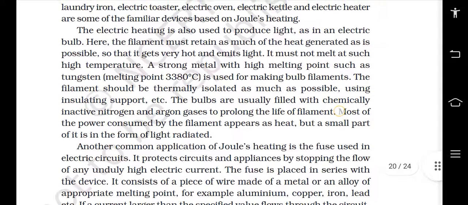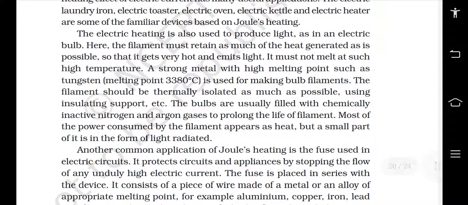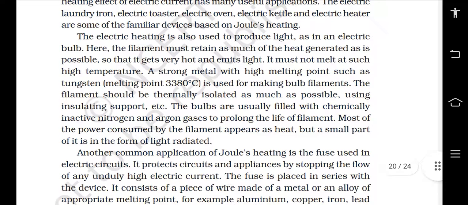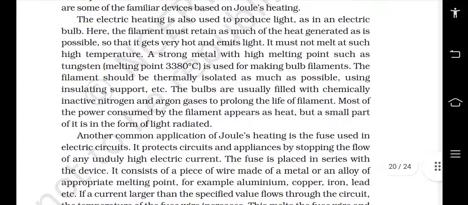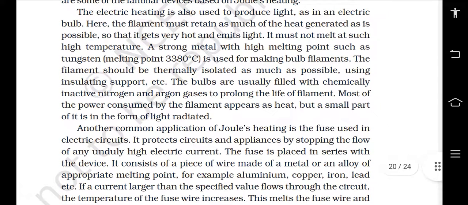That's why we use tungsten as the filament in the electric bulb. When more and more heat is produced, the tungsten metal won't melt. After producing a very large amount of heat, it starts producing light.